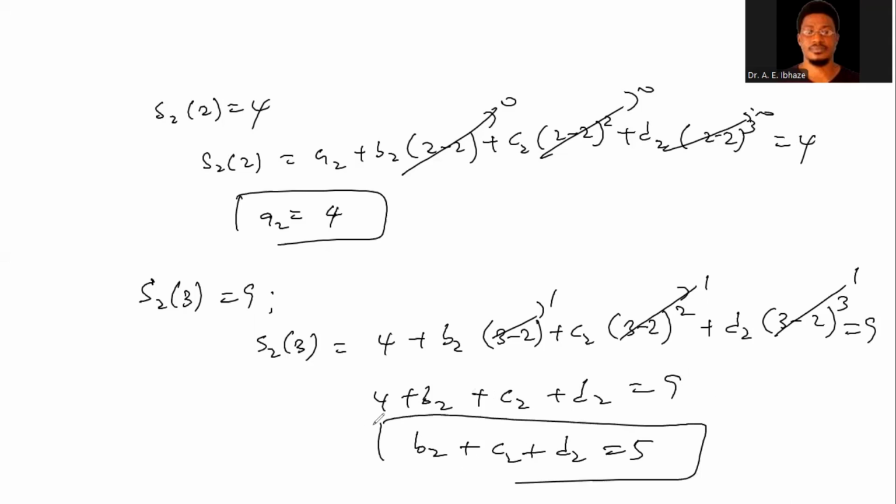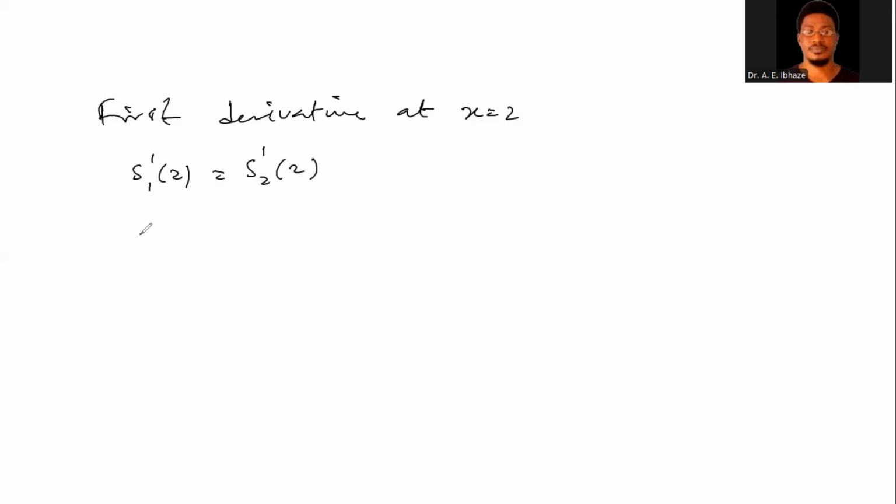So now that we have resolved the function values at the knot point, now we have to consider the first derivative at x being the same as 2, as previously documented. Now, to evaluate the first derivative at x equal to 2, then we have the first derivative S1 of 2 is the same as the first derivative S2 of 2.